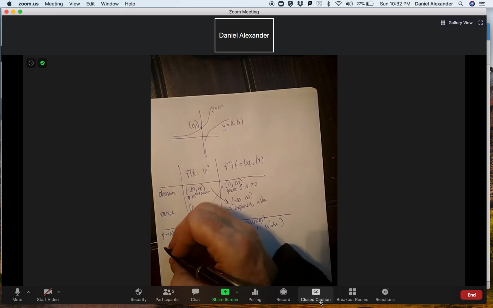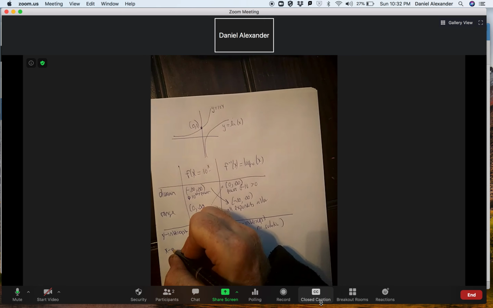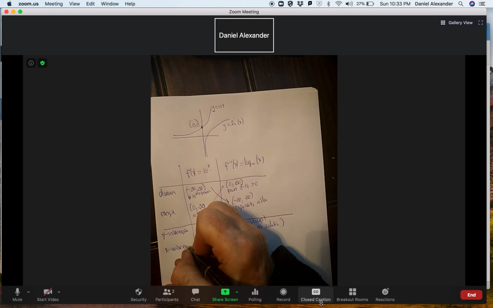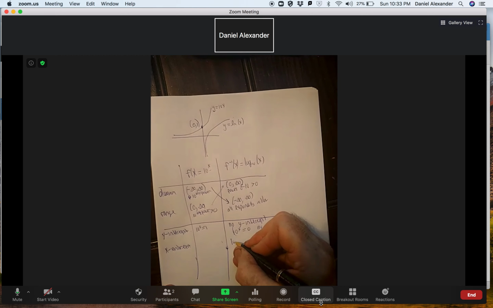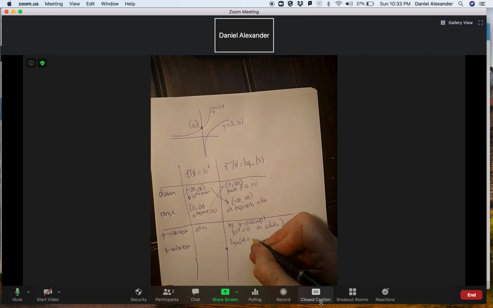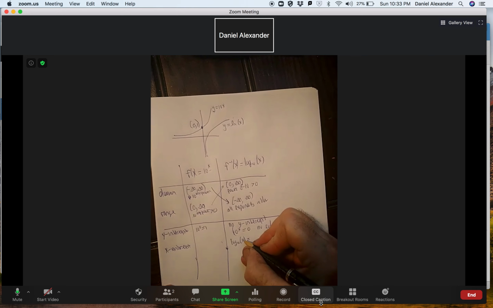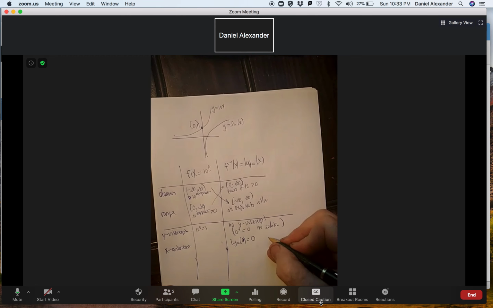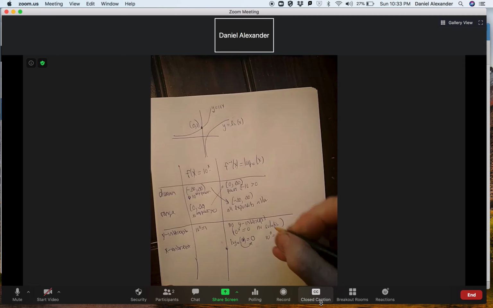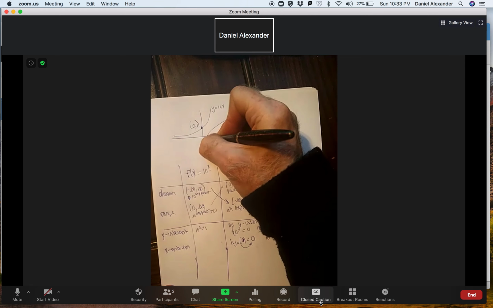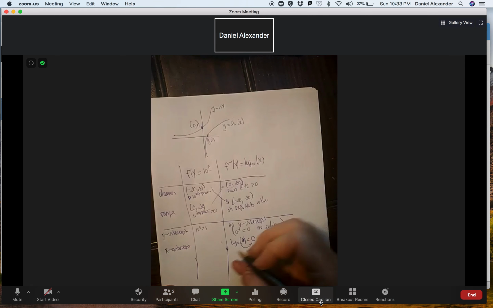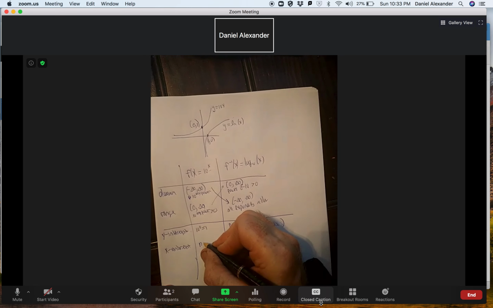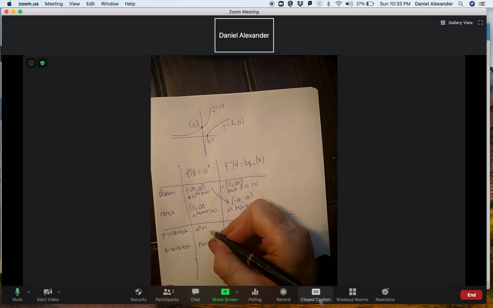Okay. Now we look at the x-intercepts. Guess what? We have the log base 10 of 1 is equal to 0. And that's because 10 to the 0 is equal to 1. That's how we get this point right here. And there's no x-intercept for the exponential. So you can see these switch.